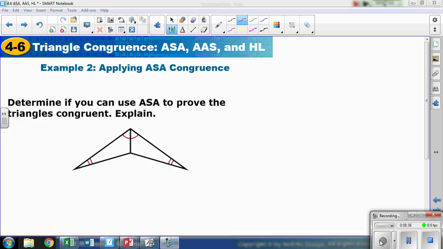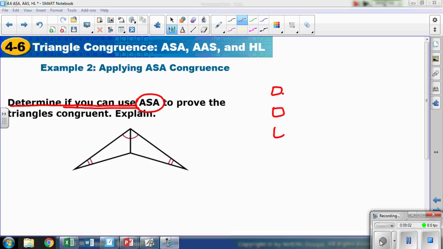This one does not say prove it. It says determine if you can use it. You are not being asked to explain why these things are congruent. You're not being asked if they are congruent. You're simply being asked, does this tool actually work?